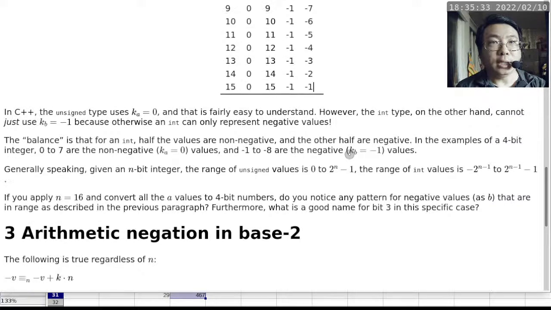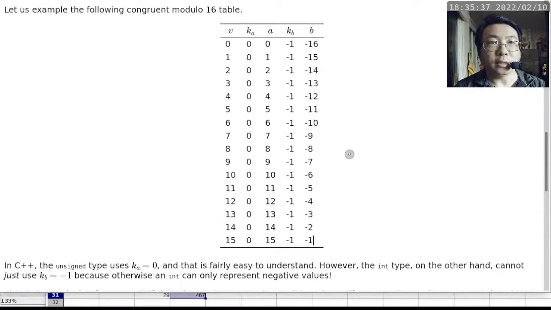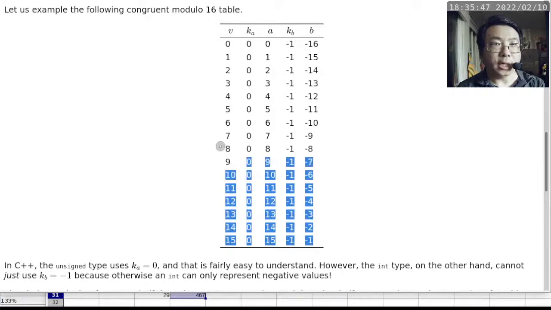All right, so let's go back to here, and we can make that observation together. If you just look at all the negative values that are in range, what are those? Well, we know -1 all the way to -8.